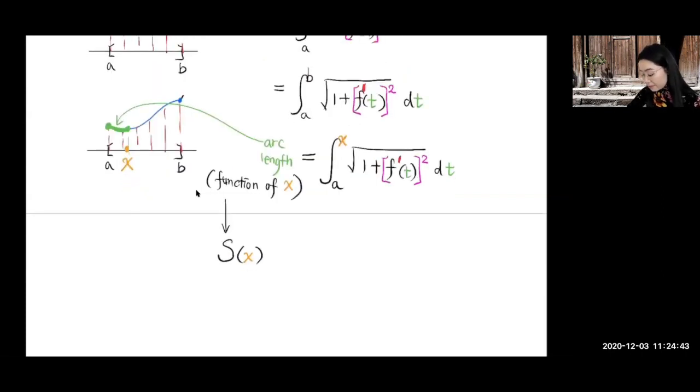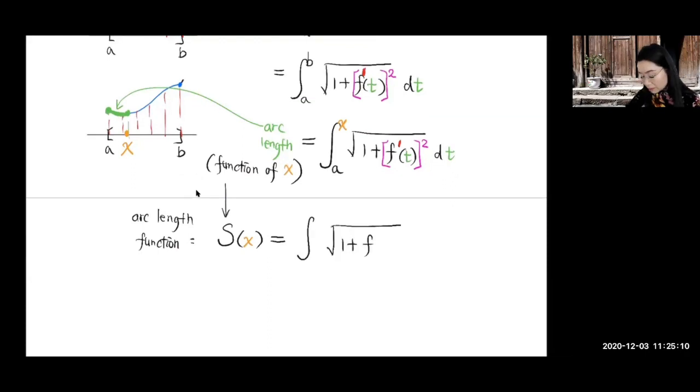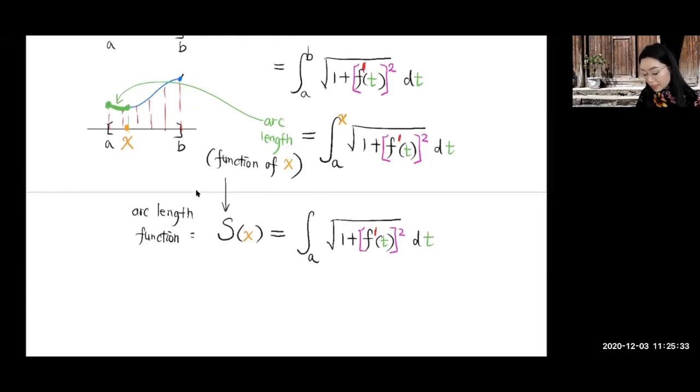This s of x is equal to the integral of the square root of 1 plus f prime of t squared, dt, where t goes from the starting point, whose x coordinate is a, to the ending point, whose x coordinate is this x over here. So remember, this represents this arc length right here.